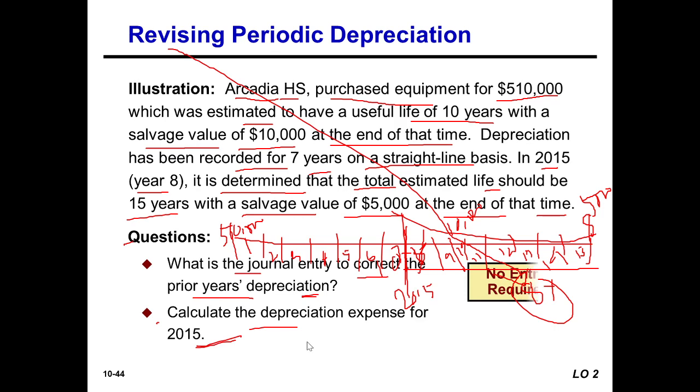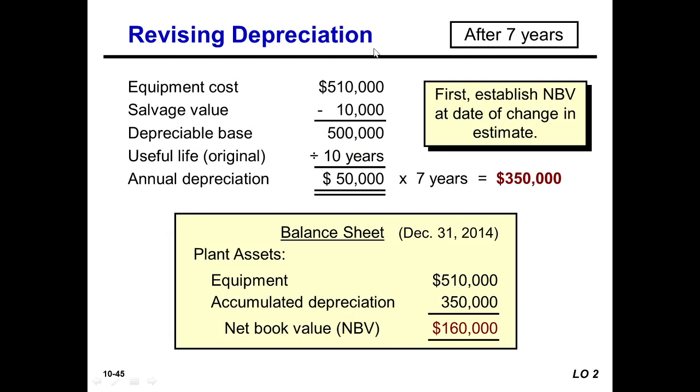Now we move to the next slides. No entry here. The estimated cost, according to the question, is $510,000. This is the equipment cost.